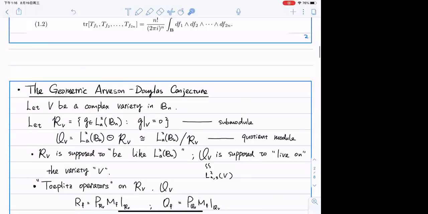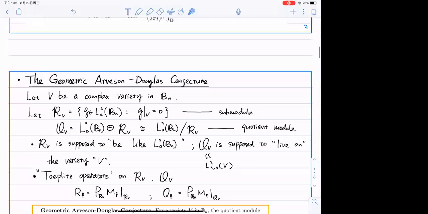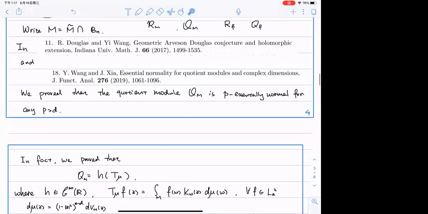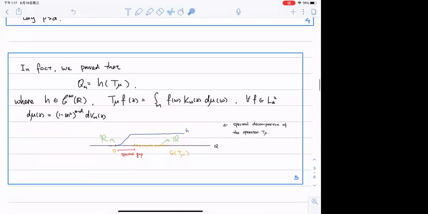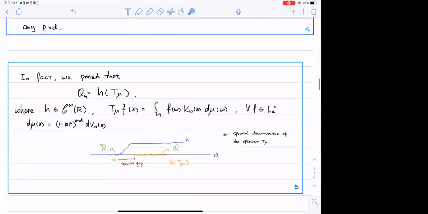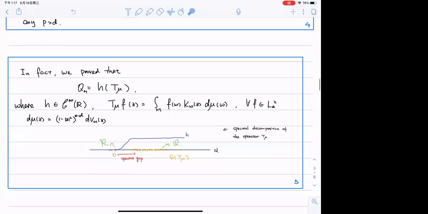Then we can ask for a similar formula like this. This is a little explanation of how we proved the geometric Arveson-Douglas conjecture, which we will use in the proof of the present paper.